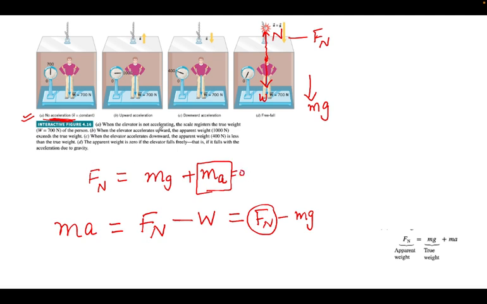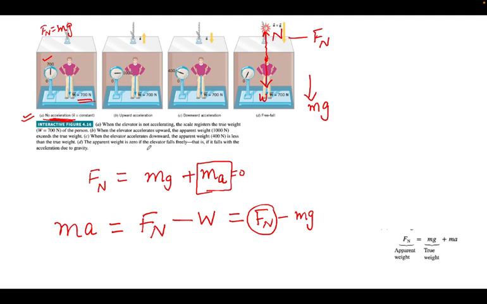So the normal reaction in the first case will be equal to the weight of the body, which is m into g. That's why the weighing machine is showing the same force as the weight of that person.